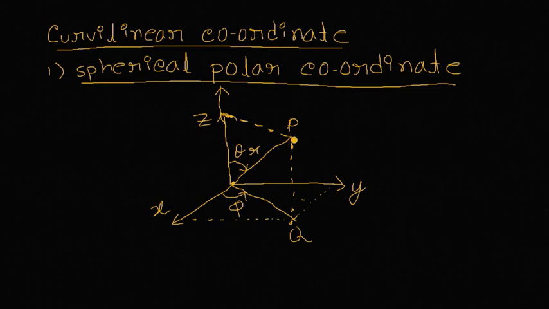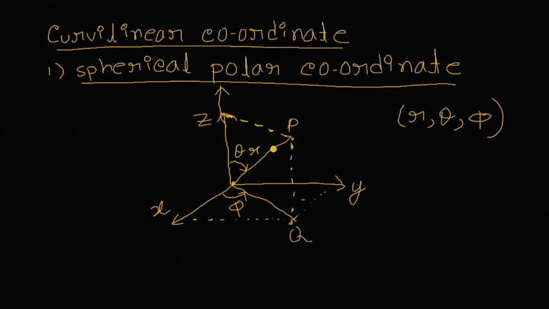We take a perpendicular from the point P on the xy plane and then join the origin and that point, and that straight line makes an angle with the x-axis which is called phi. So we define spherical polar coordinates with respect to r, theta, phi.